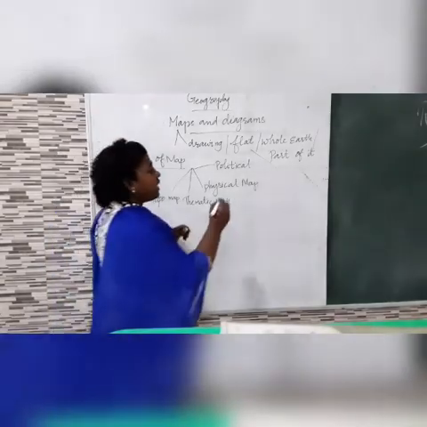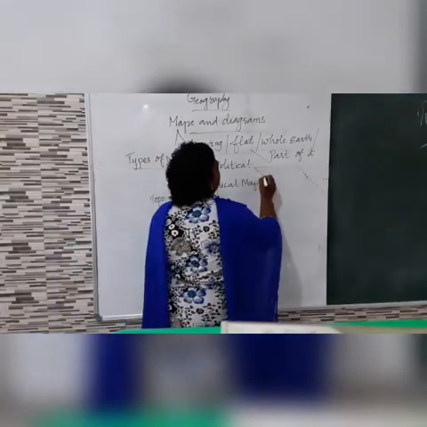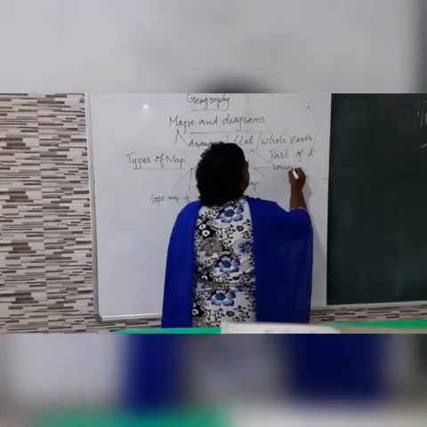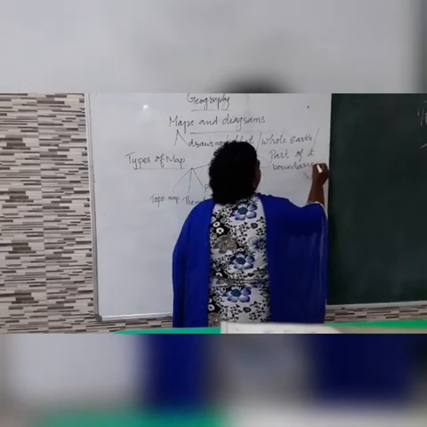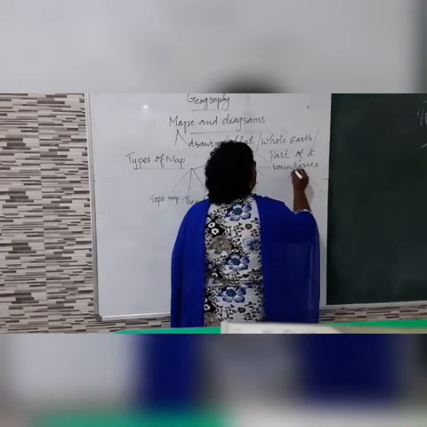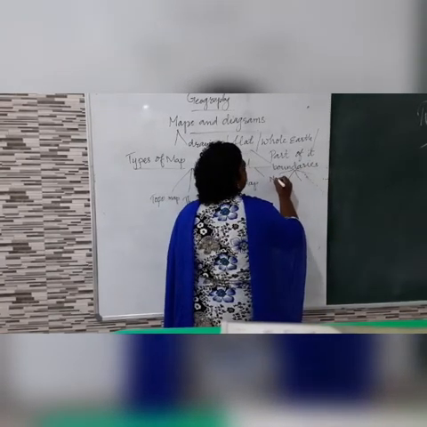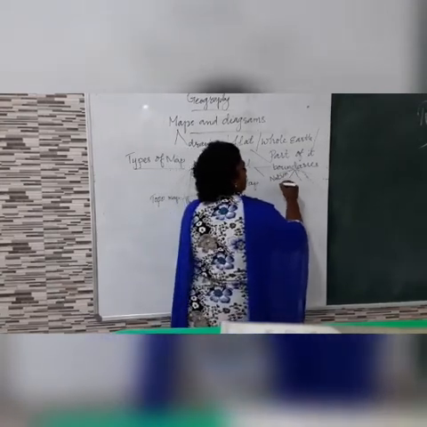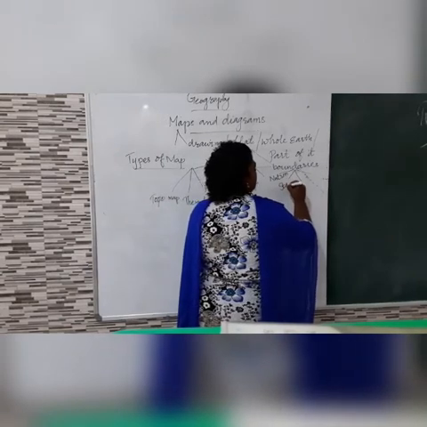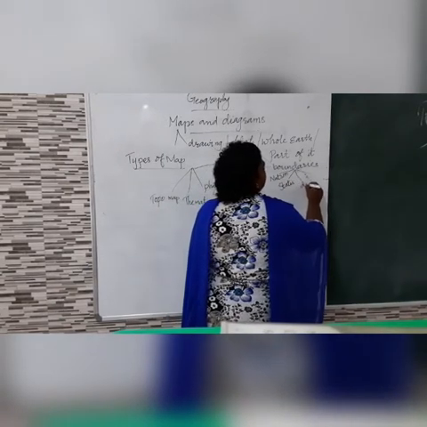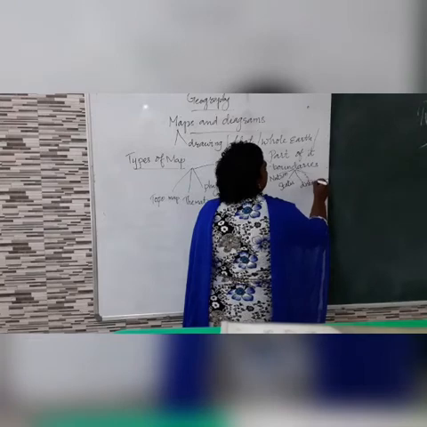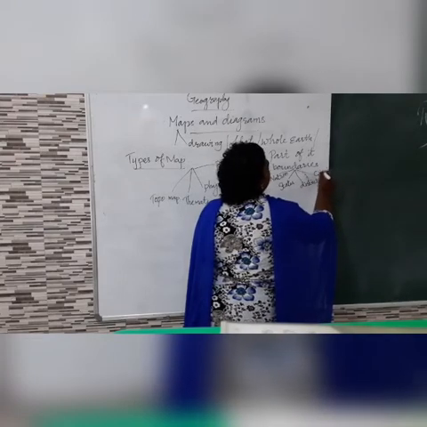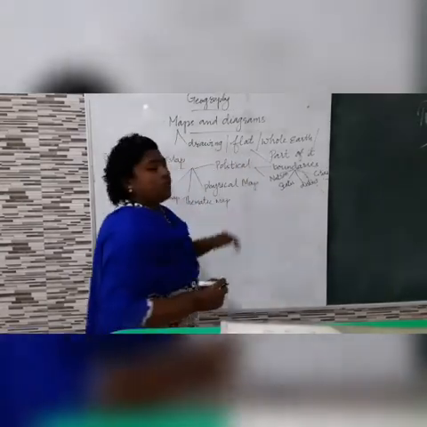Now in the political map, what things can you see? The borders or the boundaries of nations or countries, then states, districts, cities and towns can also be shown in the political map.